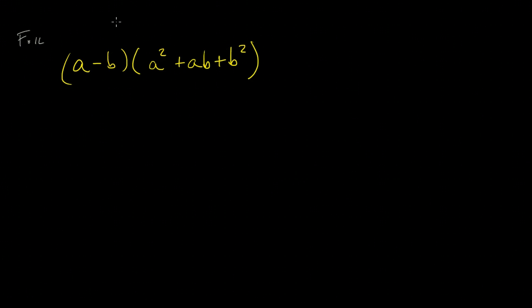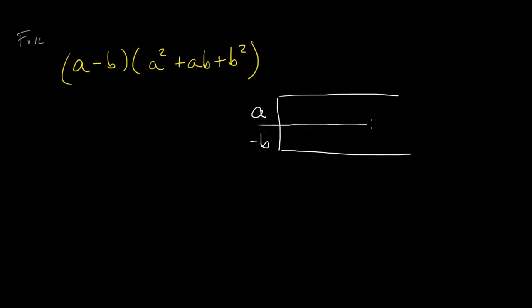Let's try the box method. The box method was far and away my favorite method here, so let's go ahead and see what that looks like. I'm going to make a 2 by 3 box. So here's my rectangle, and I'm going to cut it up into a minus b, so it's going to be 1, 2, there's my 2, and then I'm going to have a squared, that's 1, my positive ab, that's 2, and then I have a positive b squared that I'm multiplying by.